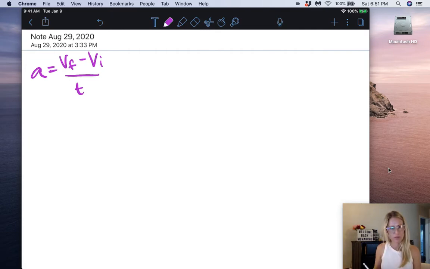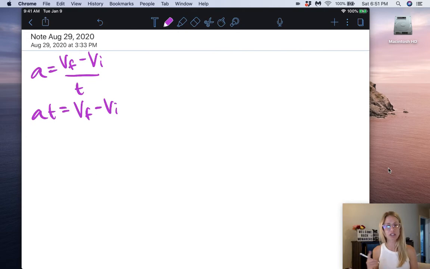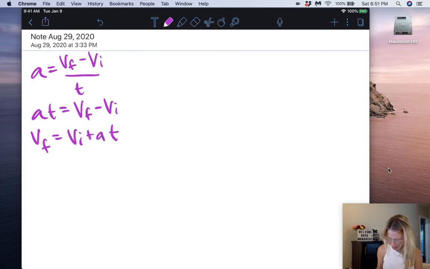So I'm going to multiply both sides by time. So I get acceleration times time equals final velocity minus initial velocity. And then I'm going to add initial velocity to both sides. So I end up getting final velocity is equal to initial velocity plus acceleration times time. So this is called the first basic equation in physics.